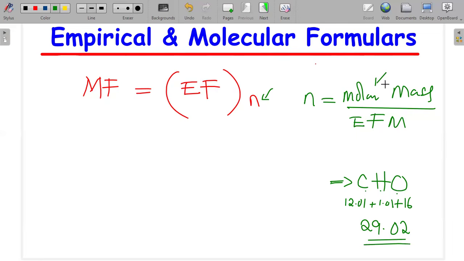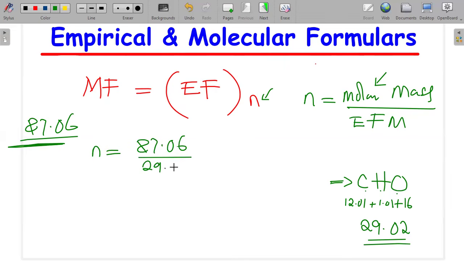And then this molar mass here, you'll be given in the question, or you'll be given information that will help you find the molar mass. So let's say, for example, the molar mass was given as 87.03. So I can now easily calculate my n. My n will be the molar mass divided by the empirical formula mass.